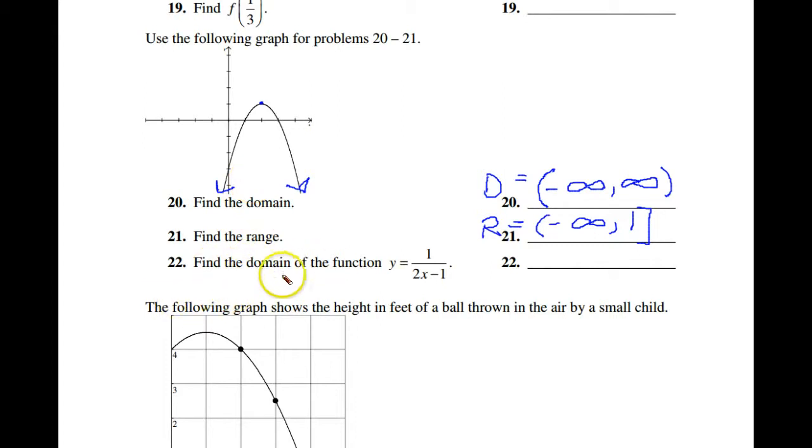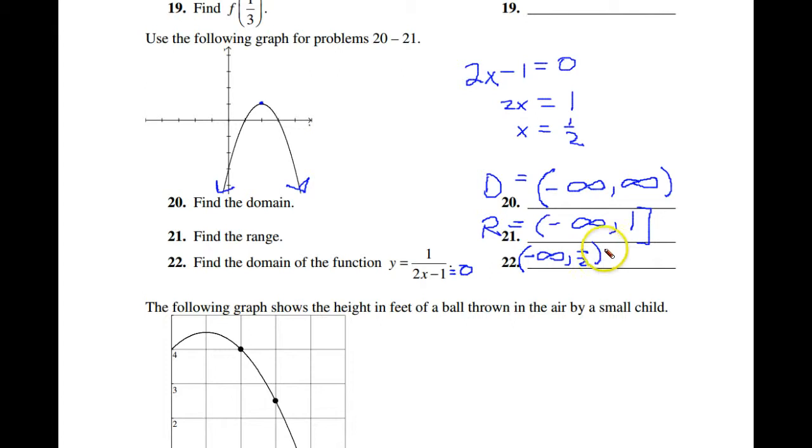Now, in finding the domain of this function, we have to equate our denominator to 0. So let's do that up here. 2x minus 1 equals 0. Transpose that, x equals 1/2. So if x were 1/2, that would make this denominator a 0. So as we mentioned in our other video, it's going to come from negative infinity up to 1/2.